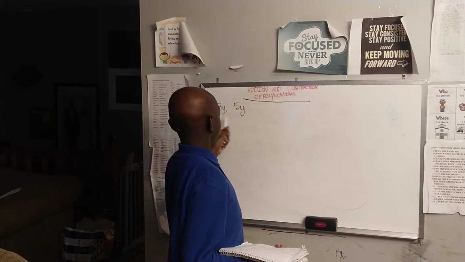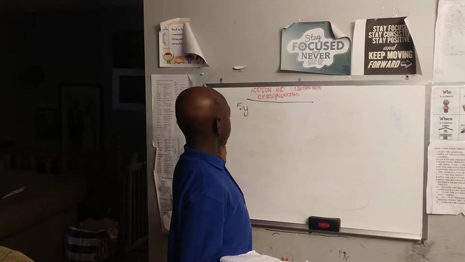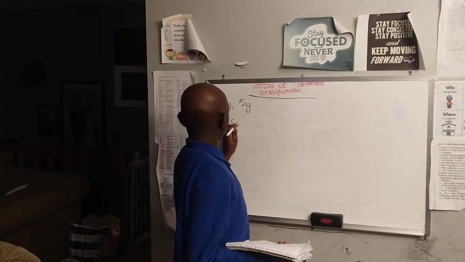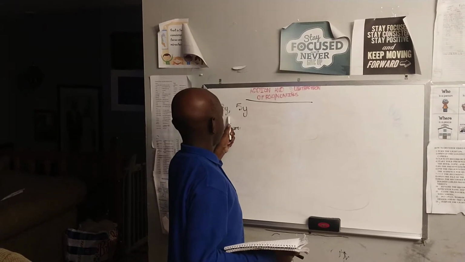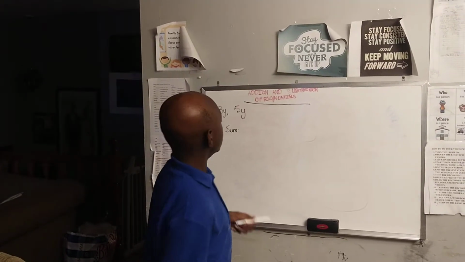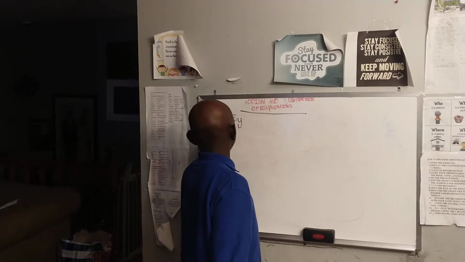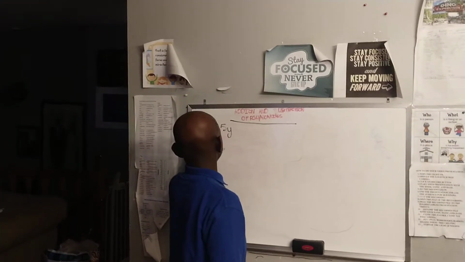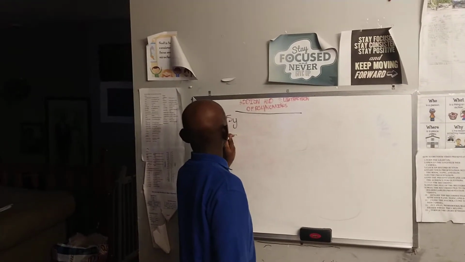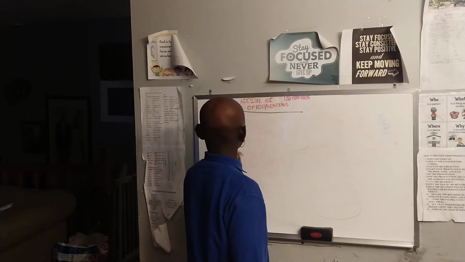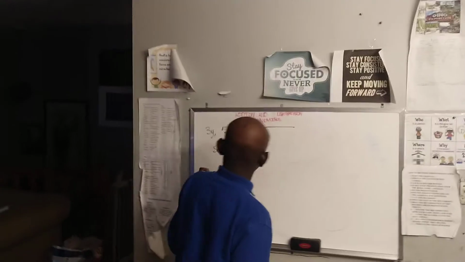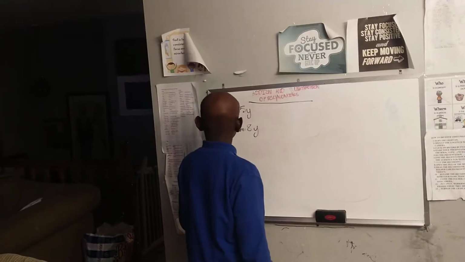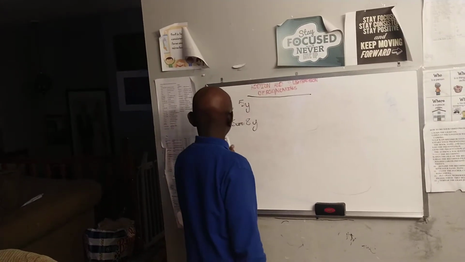They have the same terms, so we can add them. To add polynomials that have the same variable, we just add the coefficients, which is 3 and 5. So we get 8y.